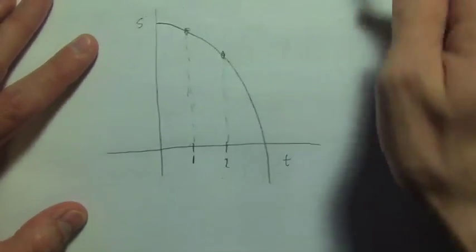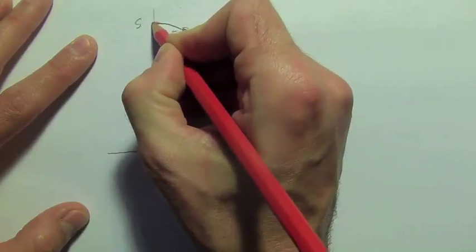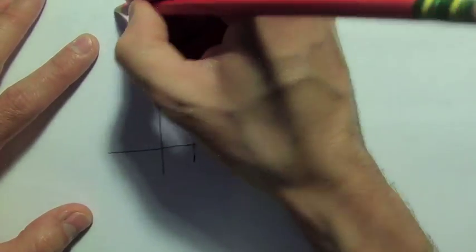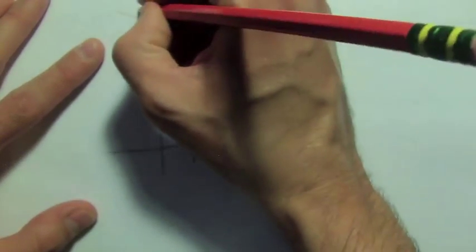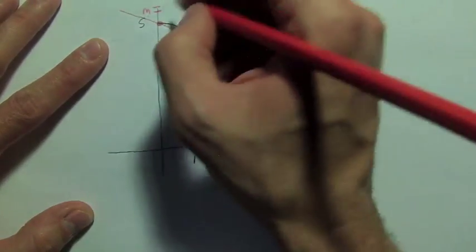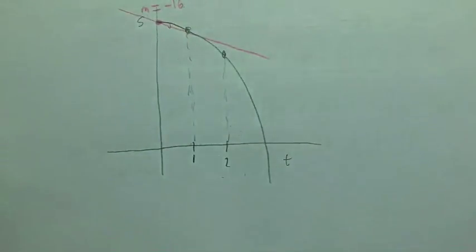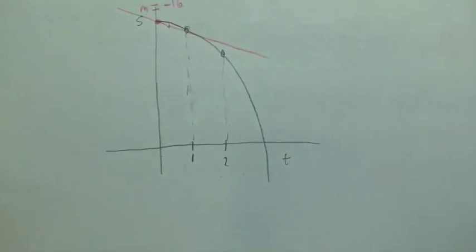And that first thing we calculated was the average rate of change between 0 and 1. So that would be this secant line. In this secant line, we found that its slope was negative 16. Well, we see graphically that it is a negative slope.